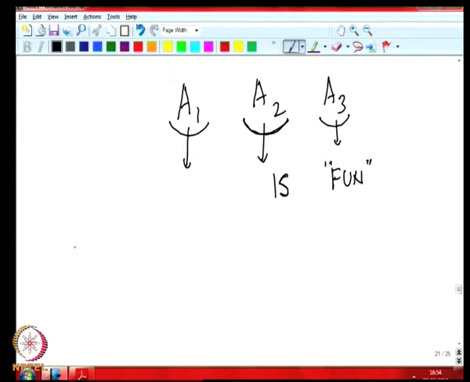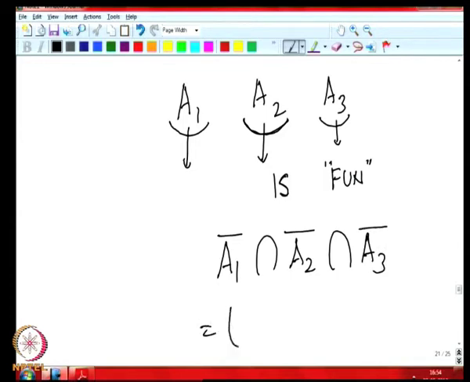Now we know that the question asks for those permutations which do not have any of these properties. Neither math should come in consecutive positions, ease should come in consecutive positions, nor fun should come in consecutive positions. So what we are asking for is A1 complement intersection A2 complement intersection A3 complement, which is essentially U minus A1 union A2 union A3.